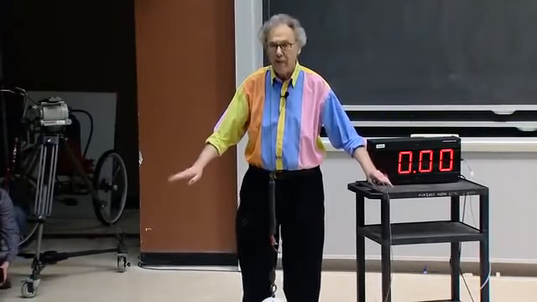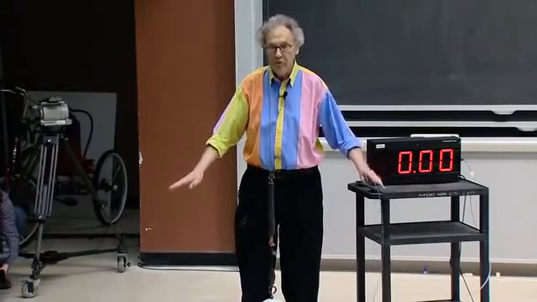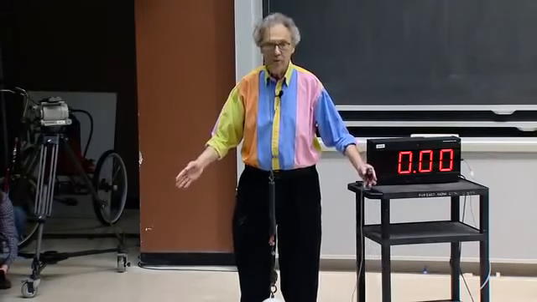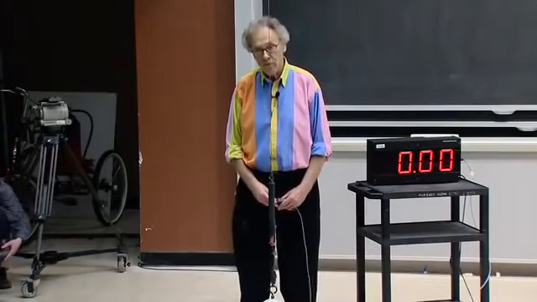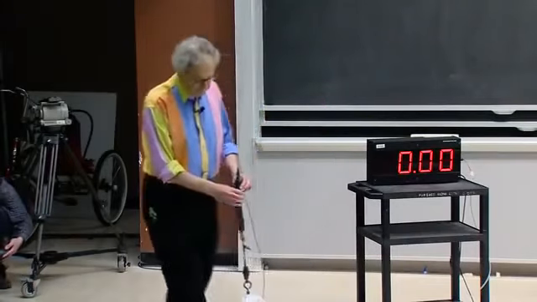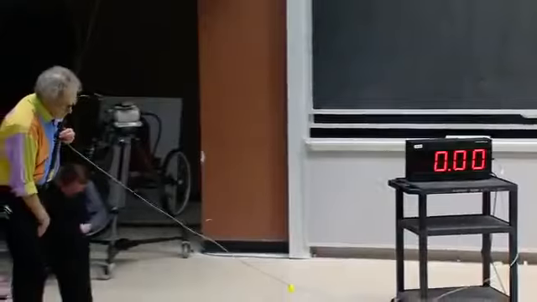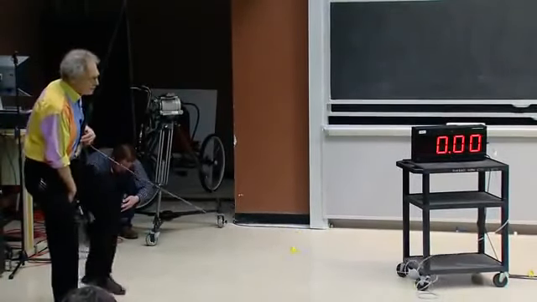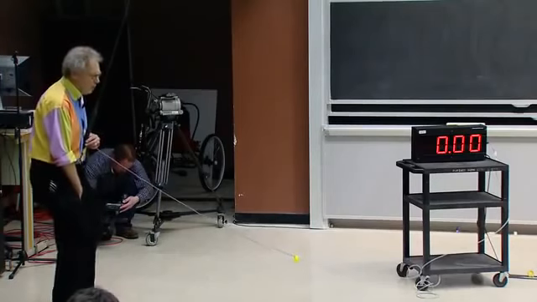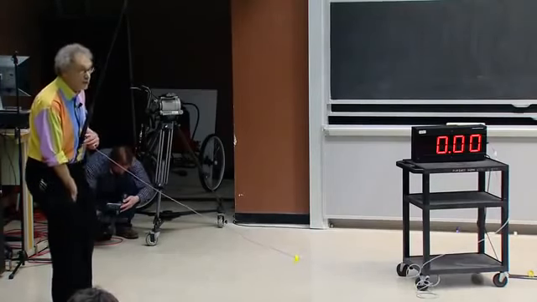If I don't do that, I will not be able to convince you that the period is independent of the mass. And that makes it very difficult for me. So I will start it at some moment, you will see when, and then you do the counting.